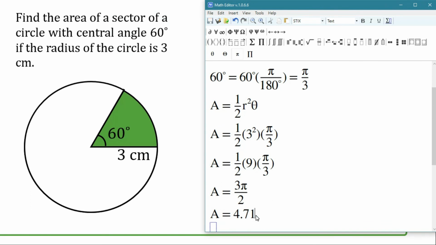So the area of the sector is 4.71 square centimeters. Remember that you are dealing with areas here, that is why the unit of measurement must be squared. So the area of the sector, given that the radius is 3 centimeters and an angle measure of 60 degrees, is equivalent to 4.71 square centimeters.